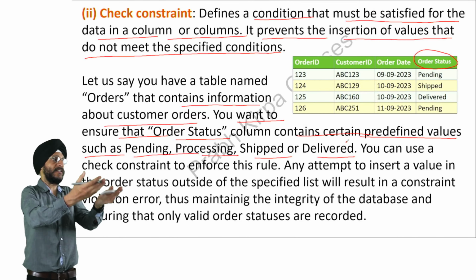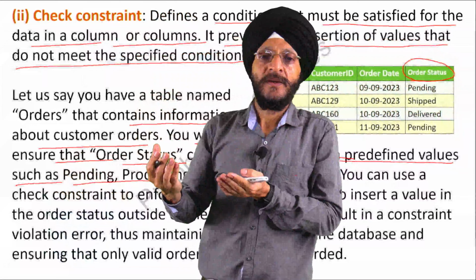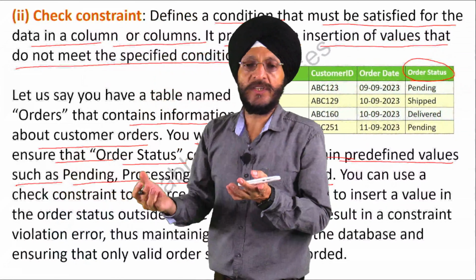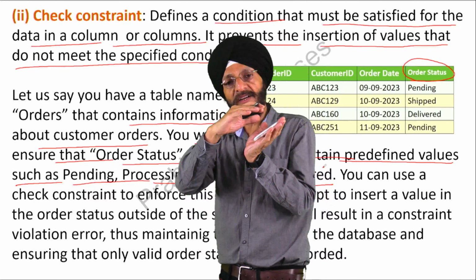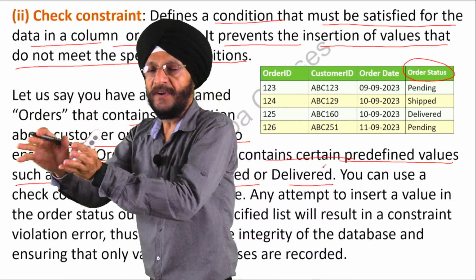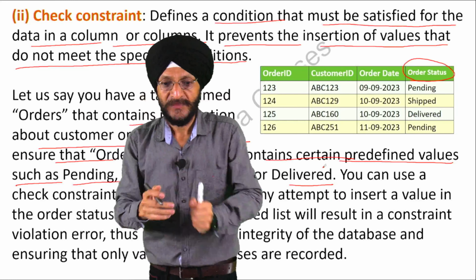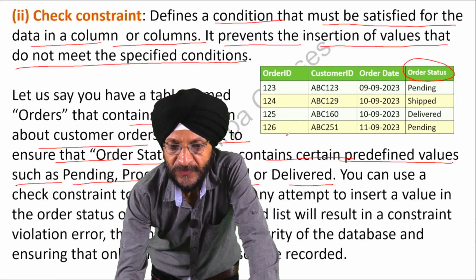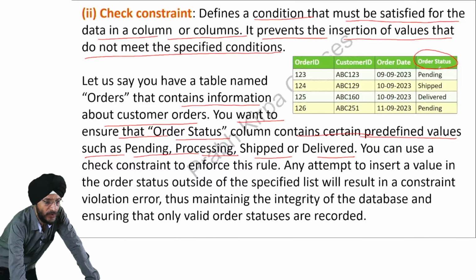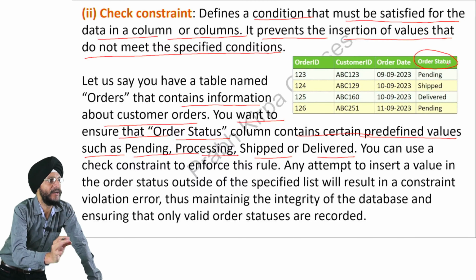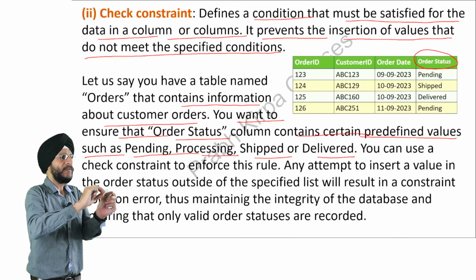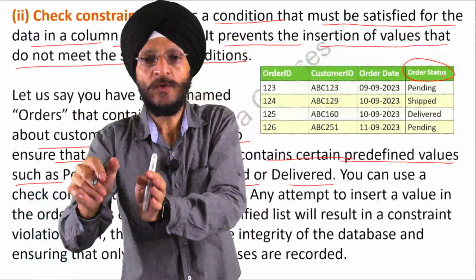That is, the customers make the orders and the said orders are fed in the system, and you want the order status to have predefined values. That is, we cannot feed whatever we want to say.